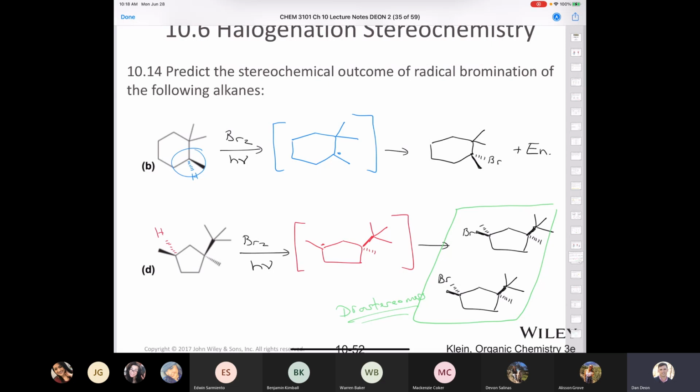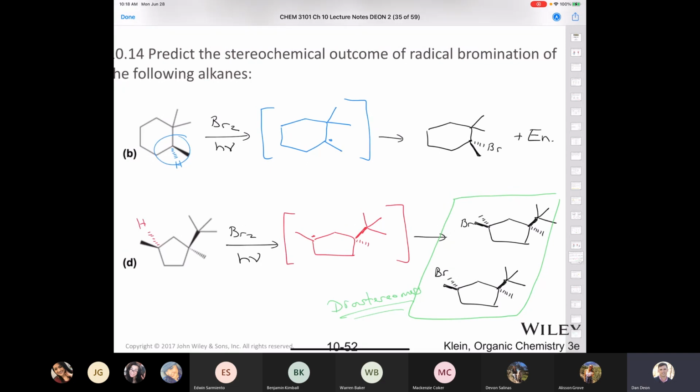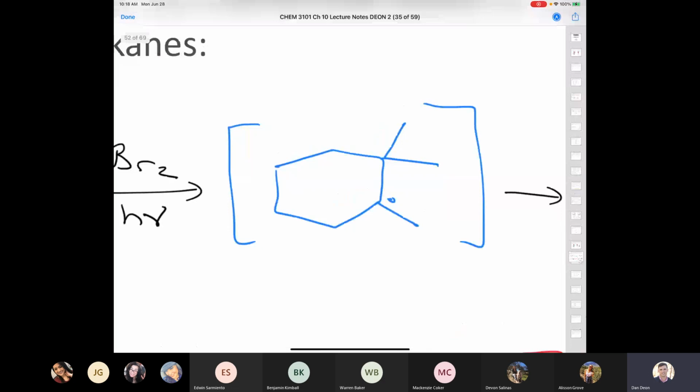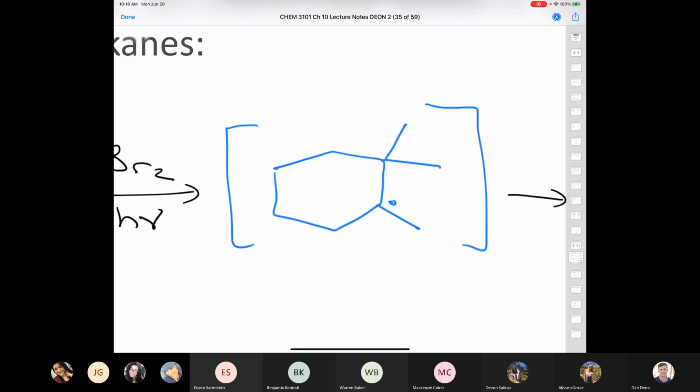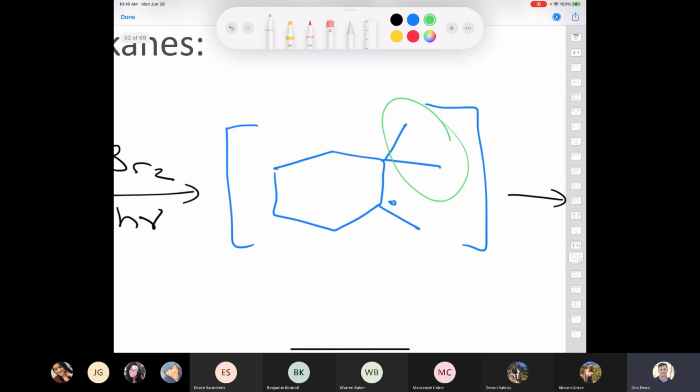I want to show you something kind of cool here. Check this out. Now, in the first example, this radical, if you look at this carbon right here, it's got two methyl groups on it. So when the halogen abstraction occurs, and I'll just draw the mechanism of it here, here's a fish hook like this.